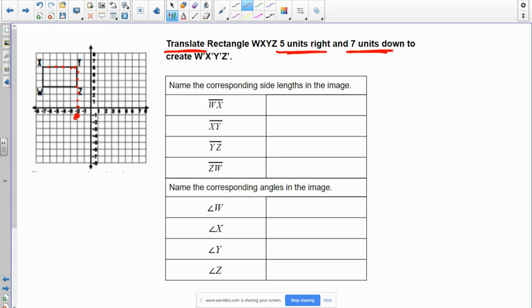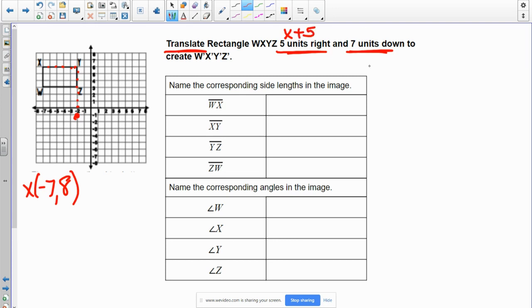Now, if you don't like to do the counting, if that really confuses you with all those boxes on there, you can take the X and you can do the algebra side of it. So if you're at -7 and then you go up to 8 here, think about the algebra. If we're going right 5, that means we take the x value because that's right or left on the x-axis. We're going right, which means we're adding.